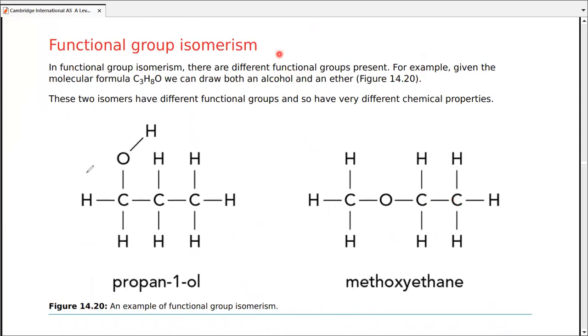Both structures are isomers to one another, but you can call them functional group isomers if you want to be specific in your answers to your theory paper. We're specifically talking about paper 2. But we still use the word isomers.